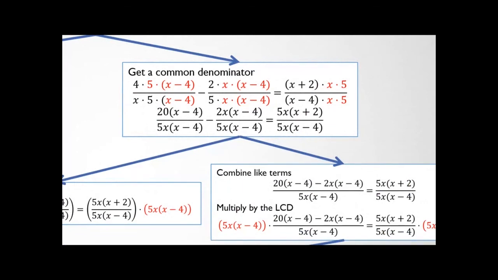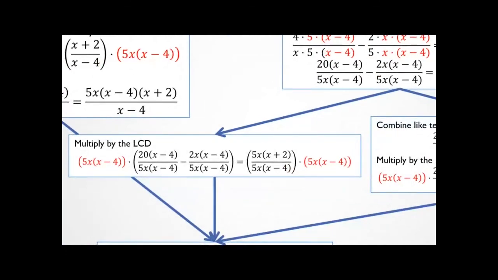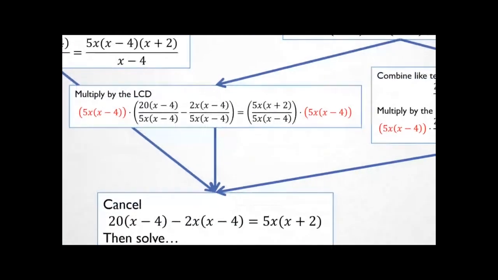Instead of just multiplying the first one by 5 and the other one by x, you're having to include the x minus 4 as well. From there, you have two choices. You can multiply by that denominator. If you do that, all the denominators cancel and you're left with just the top, which is the same thing we get here.